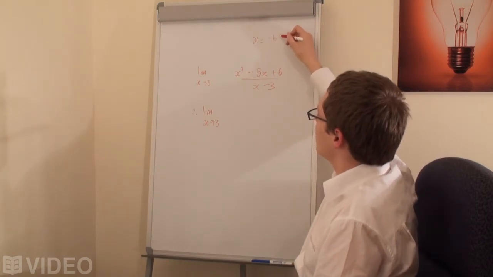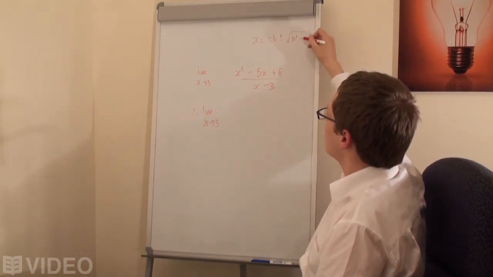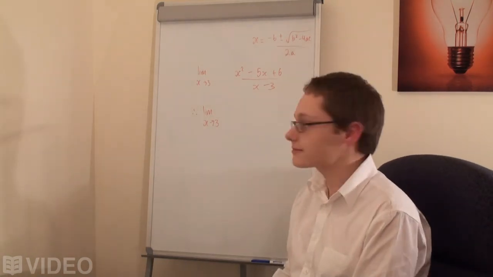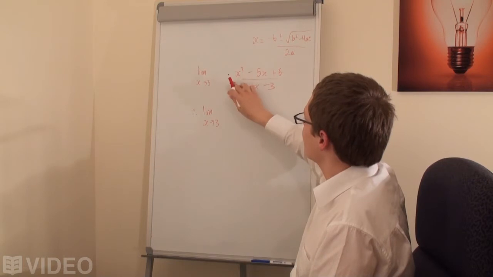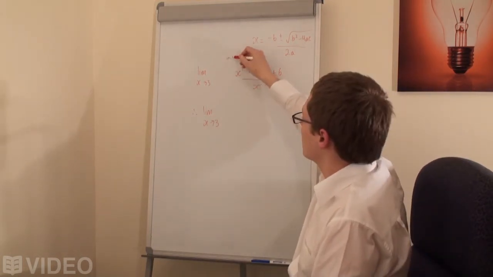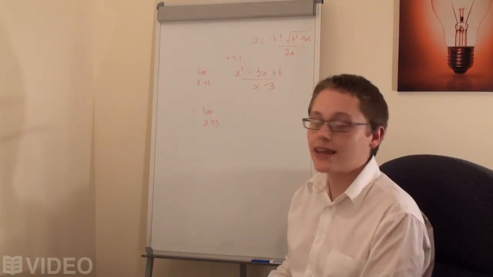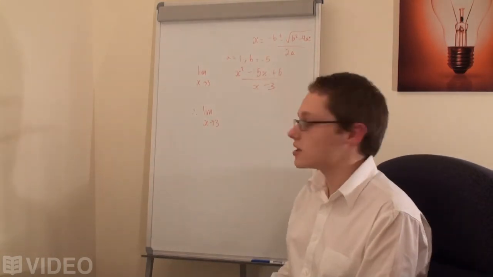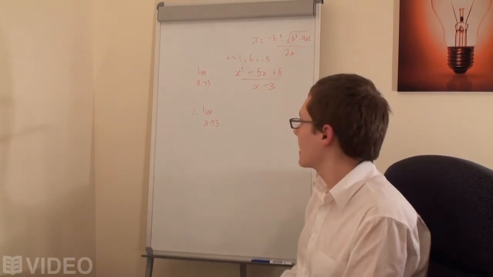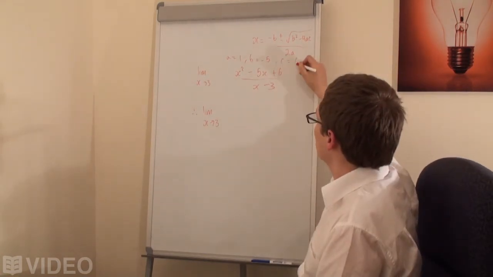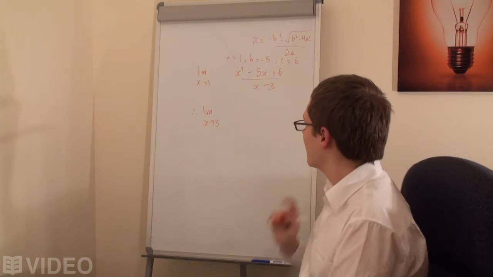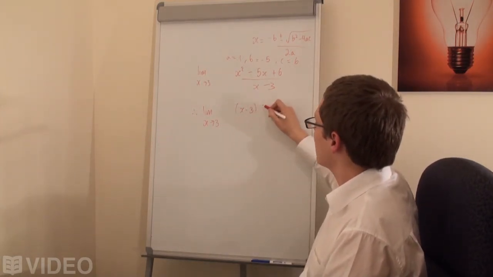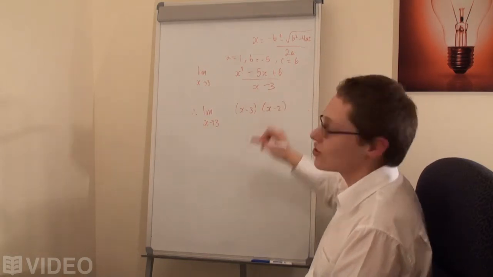X equals negative b plus or minus the square root of b squared take 4ac on 2a. In this case, a would be equal to 1, because that's the coefficient of x squared. B would be equal to negative 5, because that's the coefficient of this term here. And then c would be equal to 6. So now, when we factorise it, we should get x take 3, x take 2.